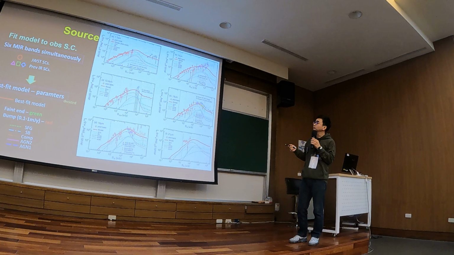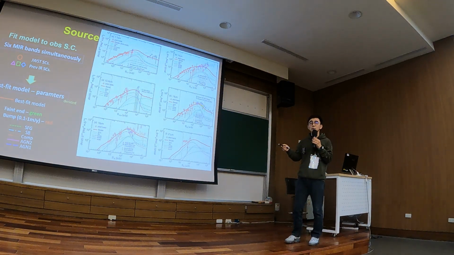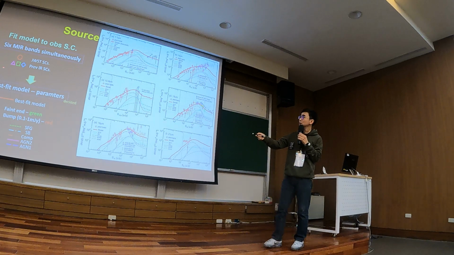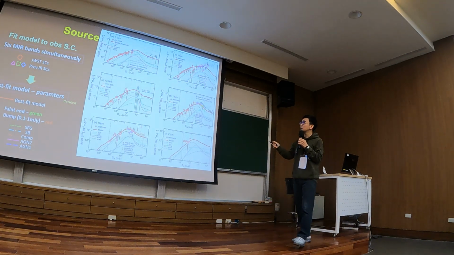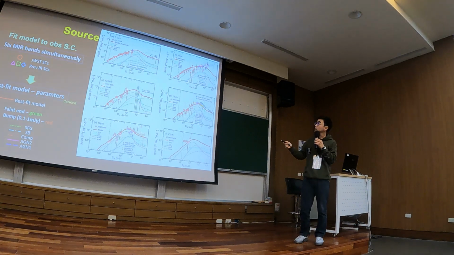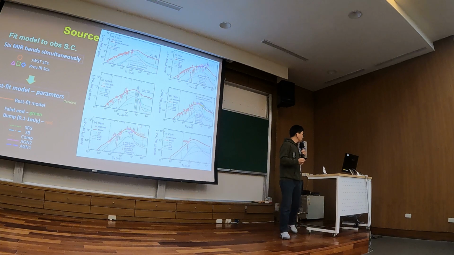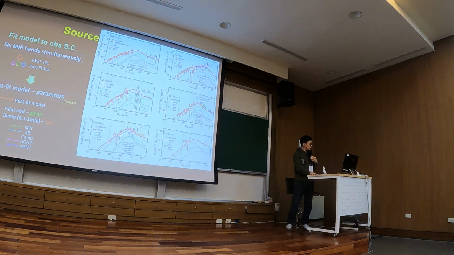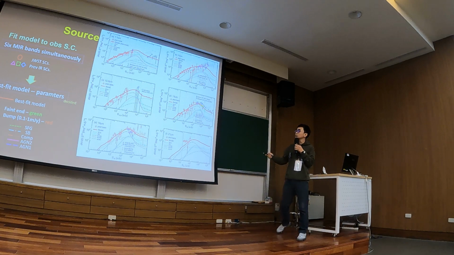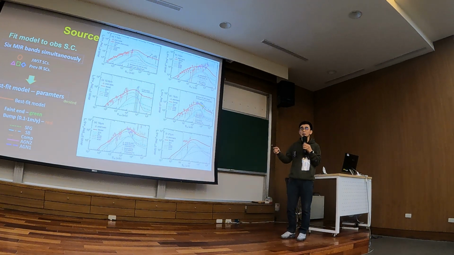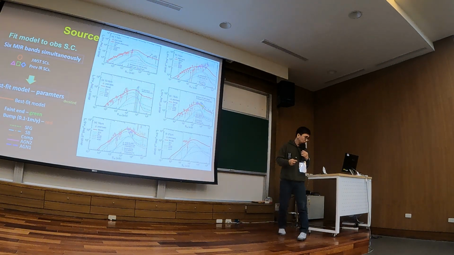The red open circles here are the JWST data points, and the other symbols, diamonds and triangles, are previous infrared source counts on the brighter side. When we obtain the best fit model, these parameters that I showed you just before, omega and kappa, are decided.